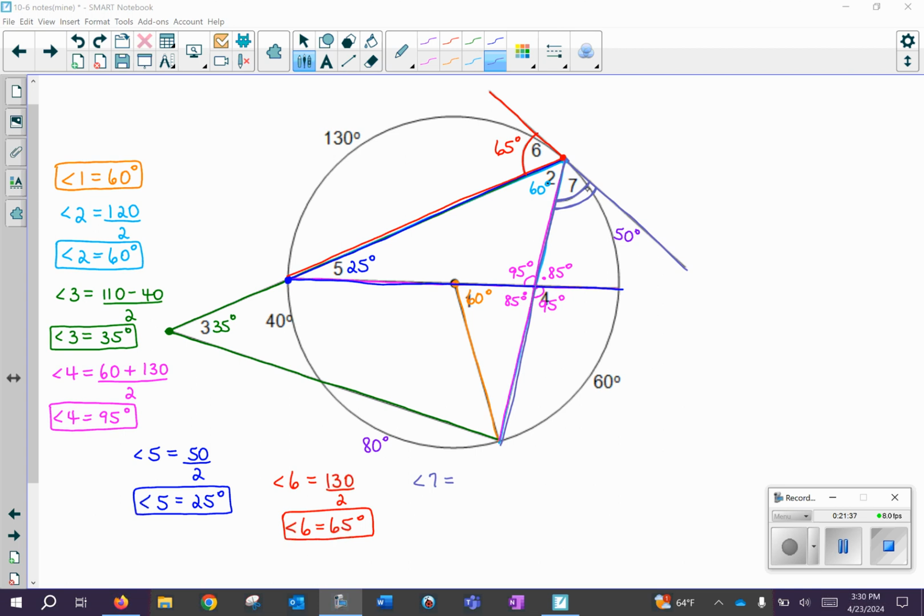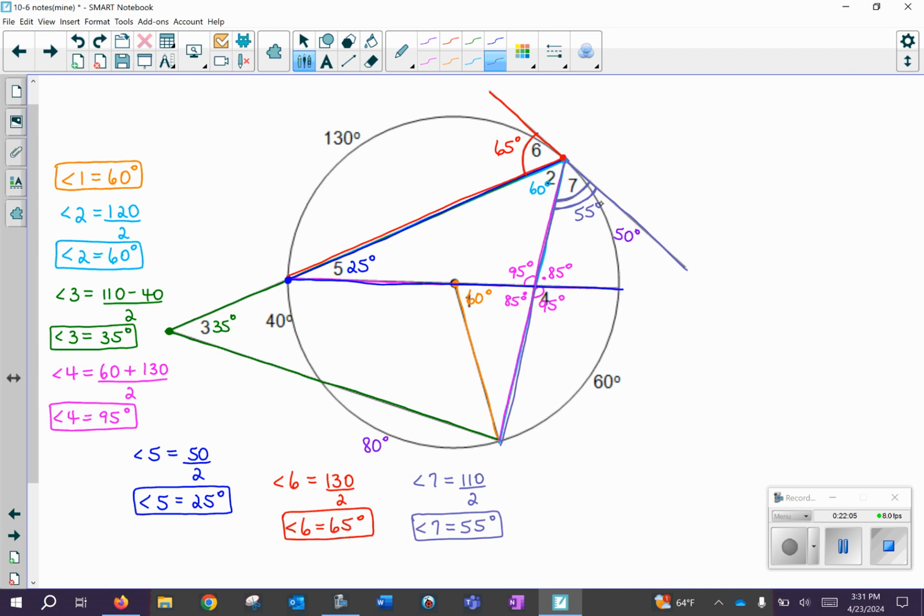So you've got to add those together. So 50 plus 60 is 110. So this would be 110 divided by 2. So angle 7 would equal 55 degrees. Okay, right there. So take these as the puzzles, the fun game that they are.